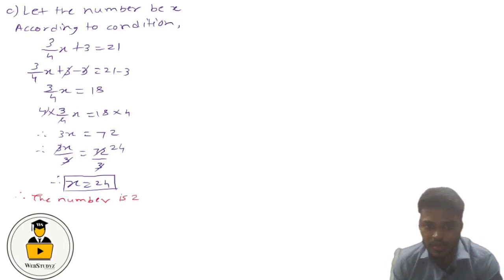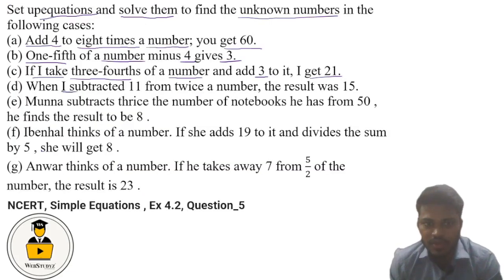Now the next question says that when I subtracted 11 from twice a number, the result was 15.